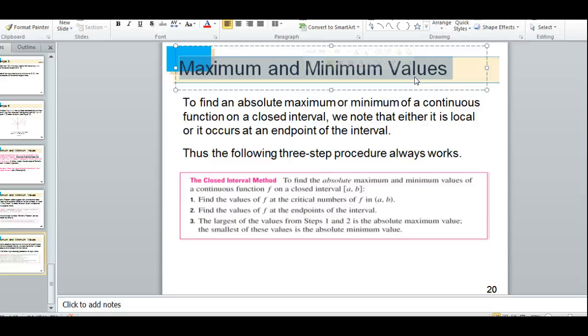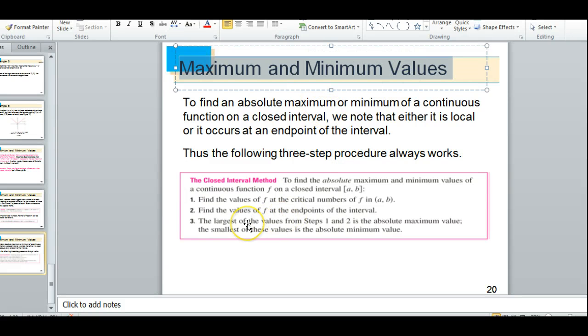Sometimes the maximum would be relevant if you're talking about maximizing profit or maximizing your grades, and minimum sometimes is more relevant when you're trying to minimize costs, or minimize friction, because that gives you loss of energy, or trying to minimize, I don't know, sweat. So there are some things that are positives that we want to maximize, and there are some things that are negative that we want to minimize.